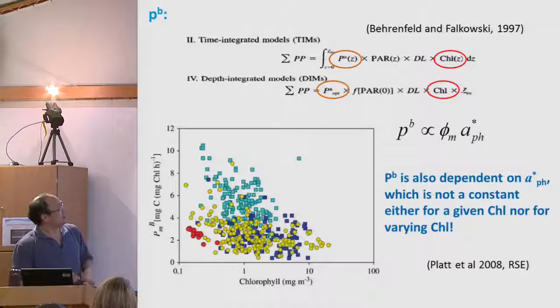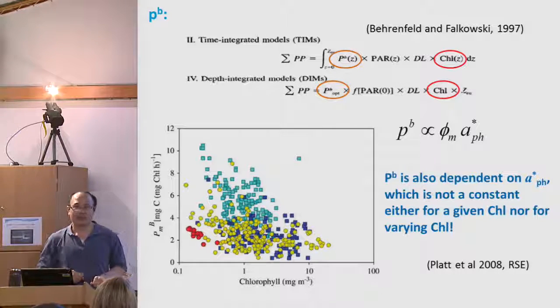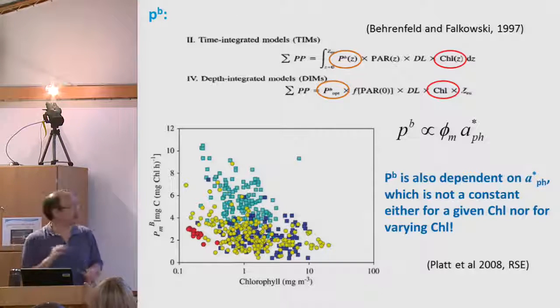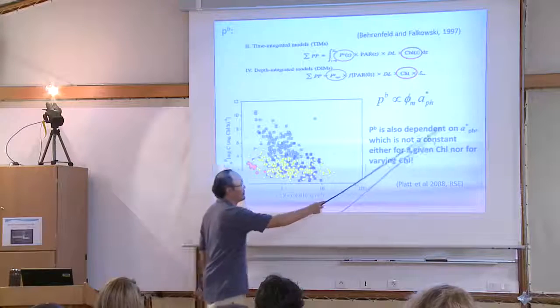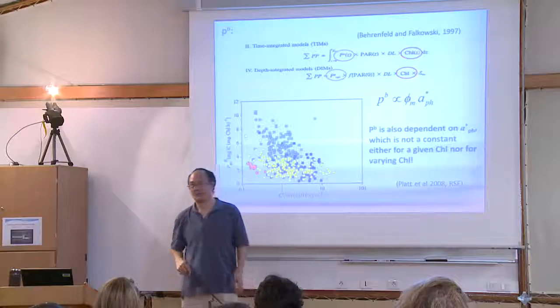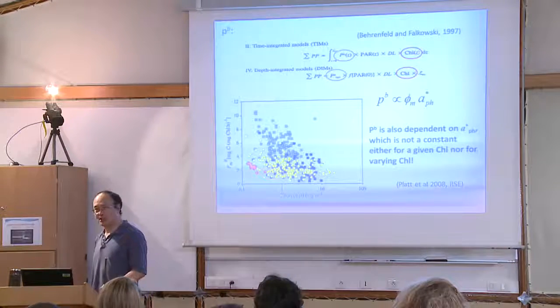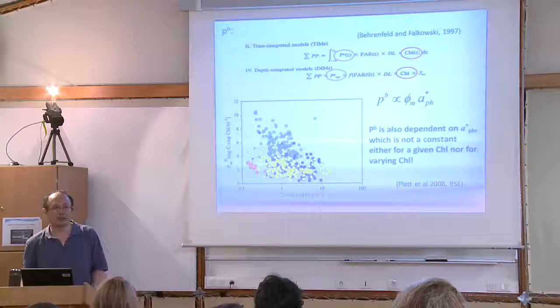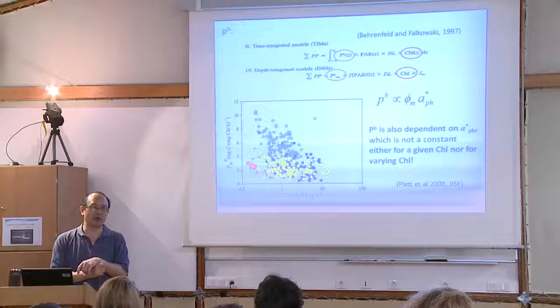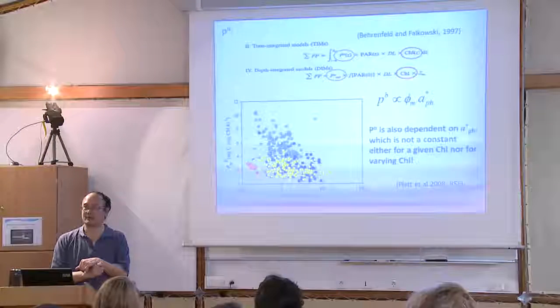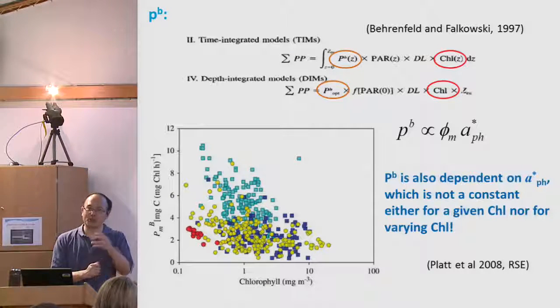So, in short, to have a good estimation of primary production from remote sensing, the best approach is to try to avoid this aph star, because aph star is so hard, or actually at this point almost impossible, to have a good handle on remotely. We just don't know how to get a good estimation of aph star simply from water color or temperature.